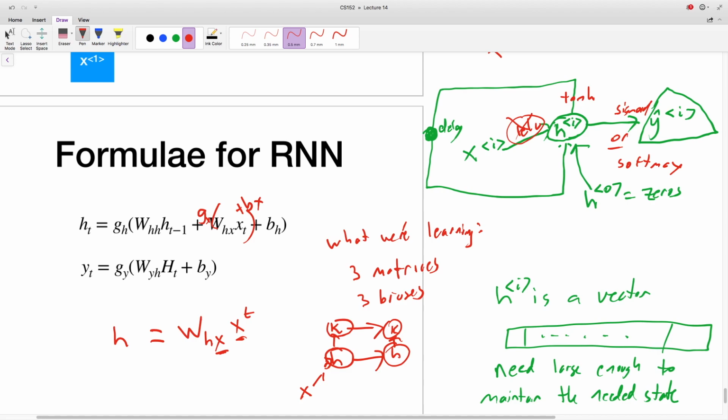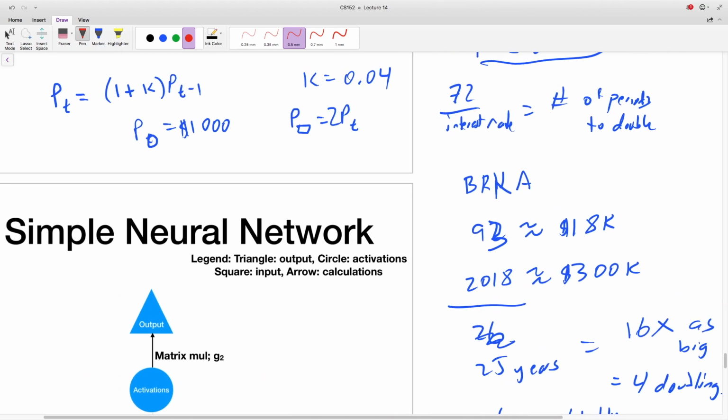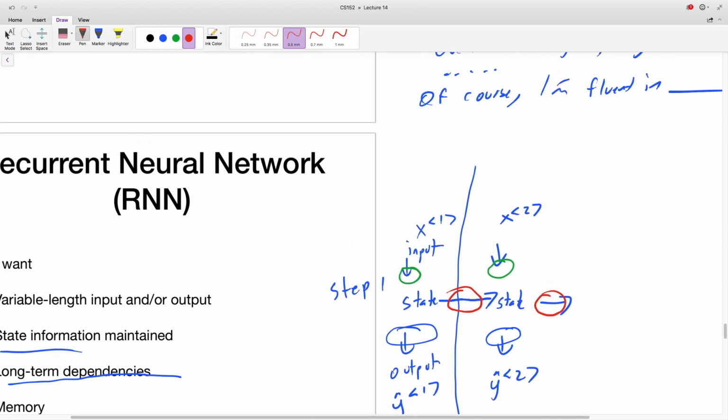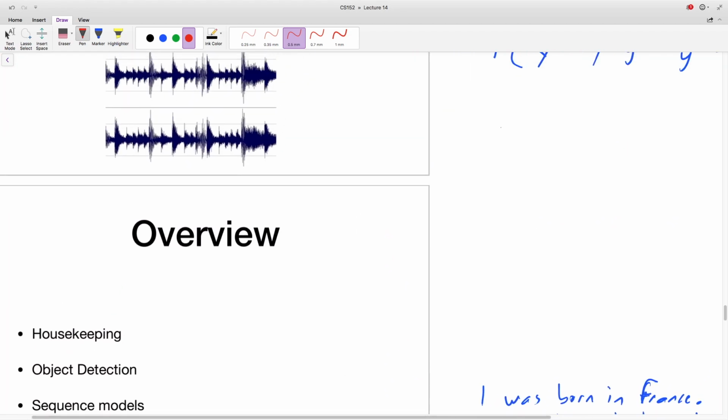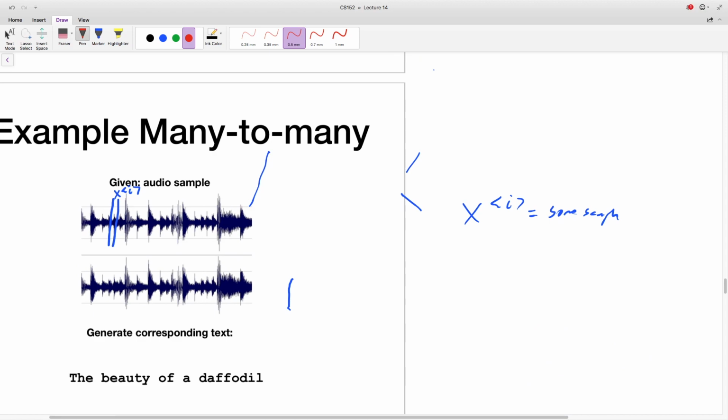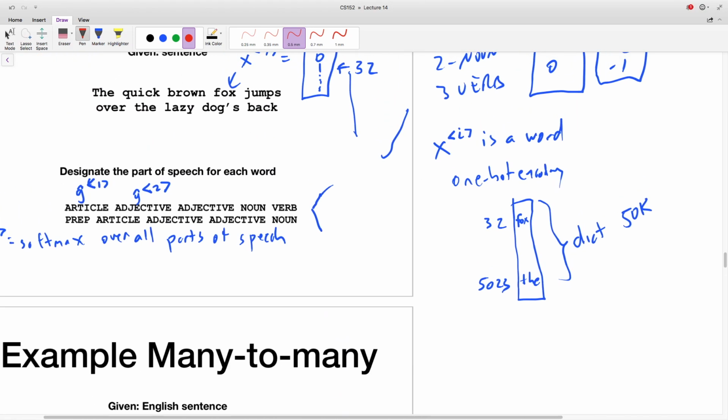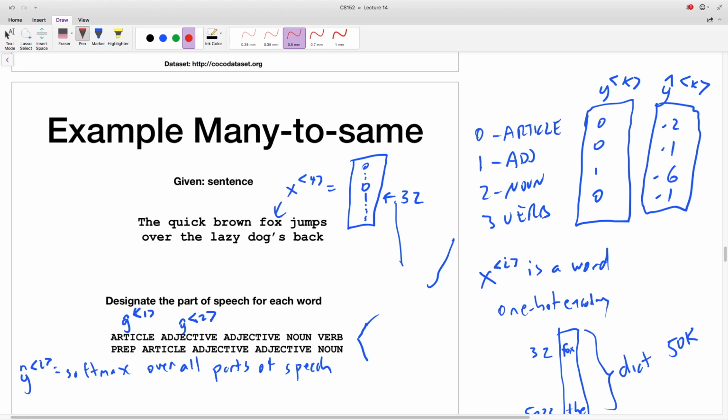What's the sort of state information we might want to keep? Let's look at one of these problems from before. Let's say we see the quick brown fox.